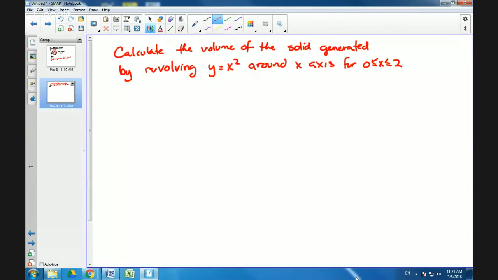Just a slightly different way to write it. It is an interesting shape, actually.